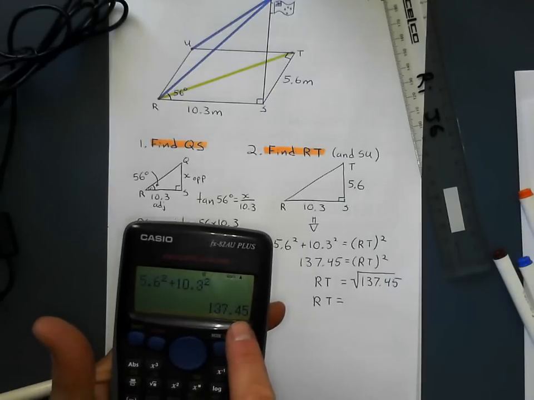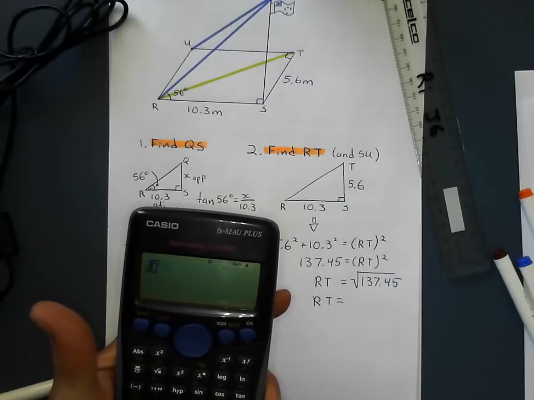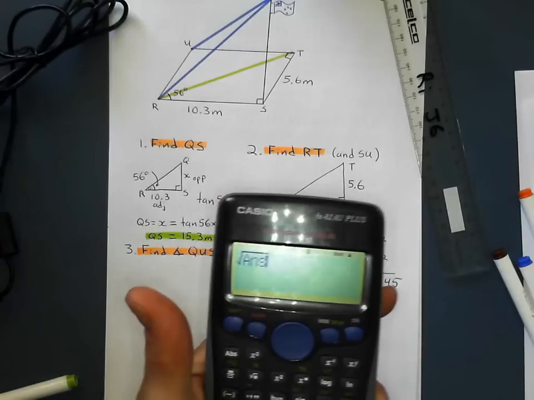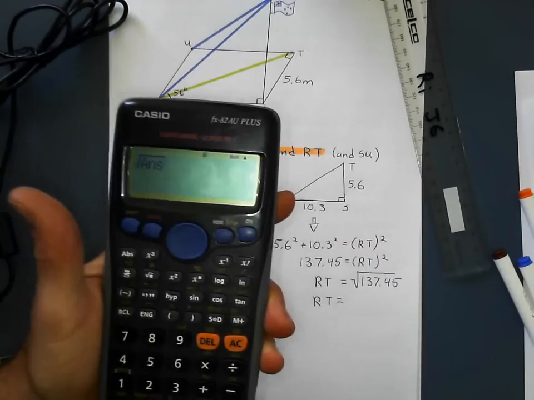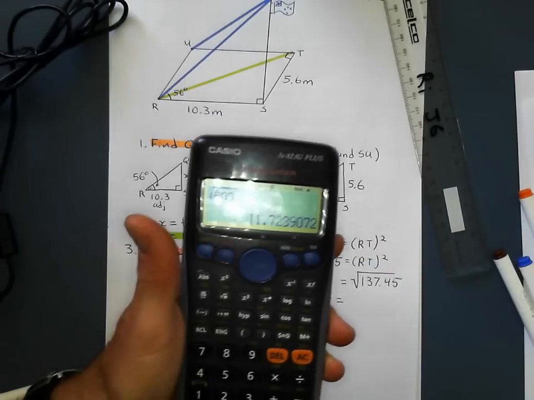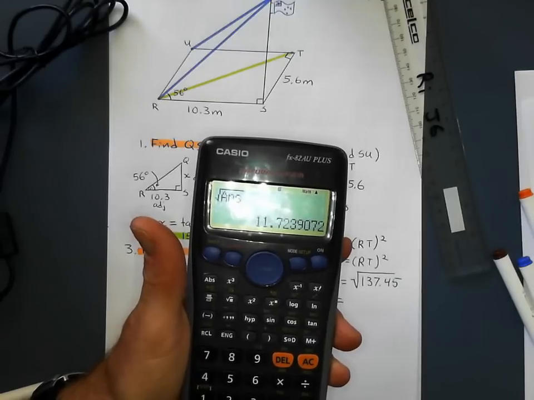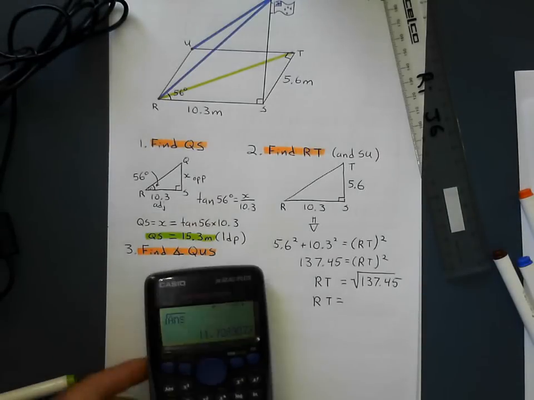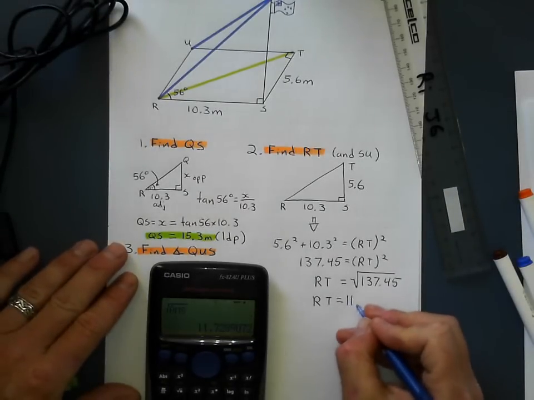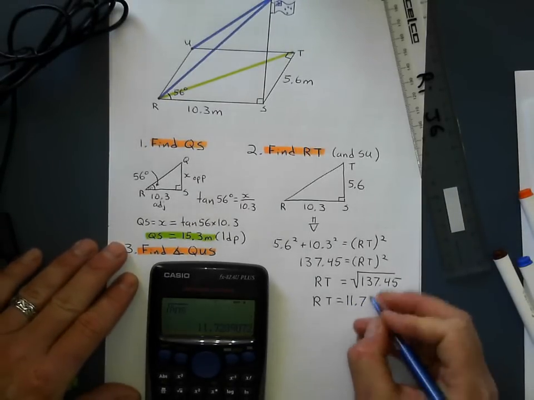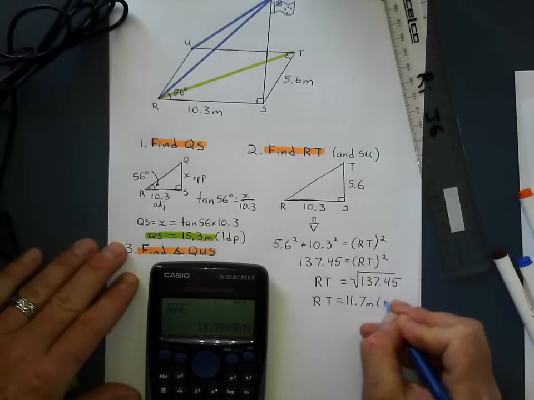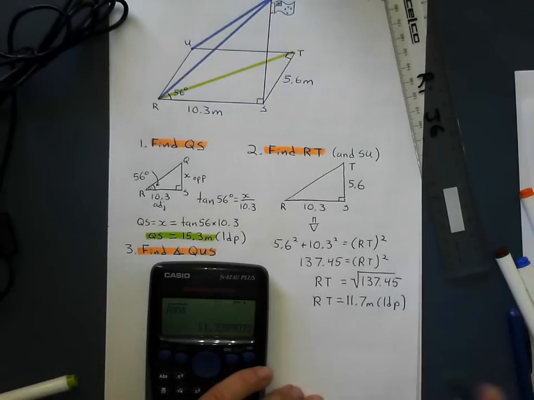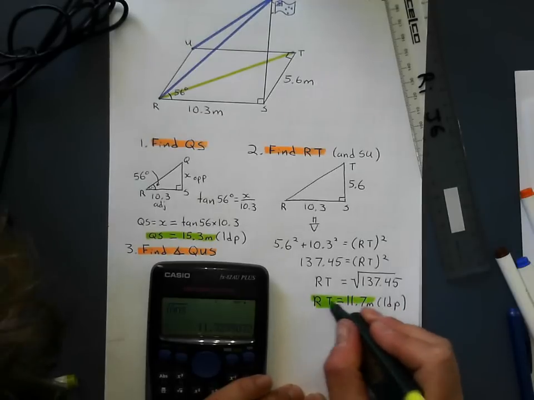So if we just square root answer, that comes up on either calculator, and we get what we want. 11.7 to 1 decimal place. Looks good. Okay.